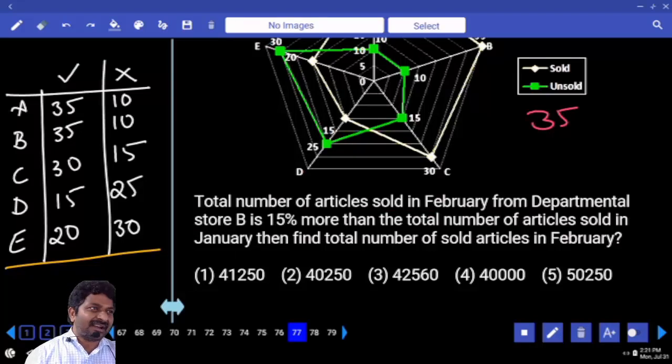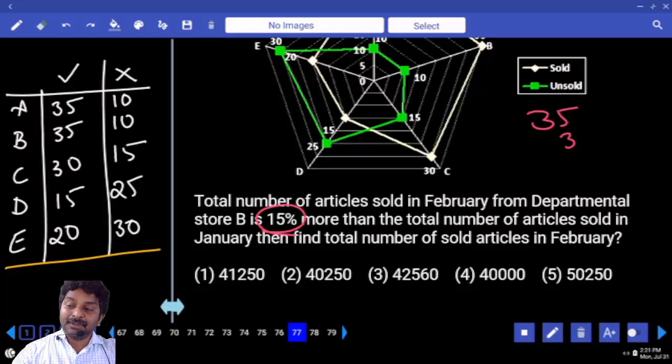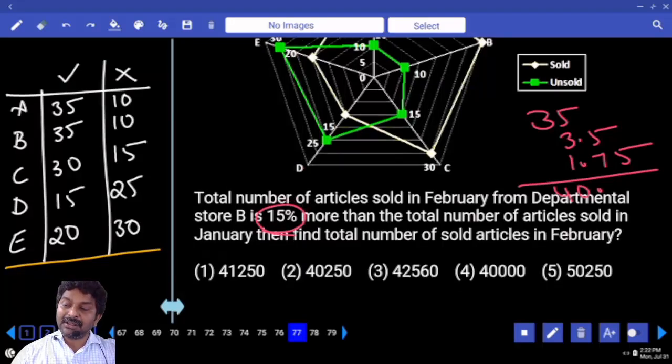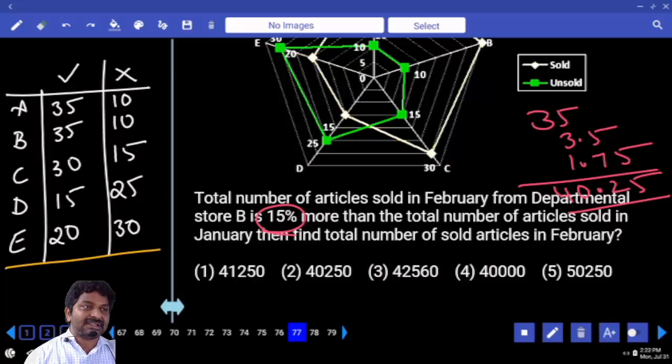Three zeros are there, I don't want to consider. But now you need to increase the value by 15%. What is 10%? 3.5. 5% is half of 3.5, which is 1.75. When you add everything, that goes to 40.25 thousands. That means 40,250.